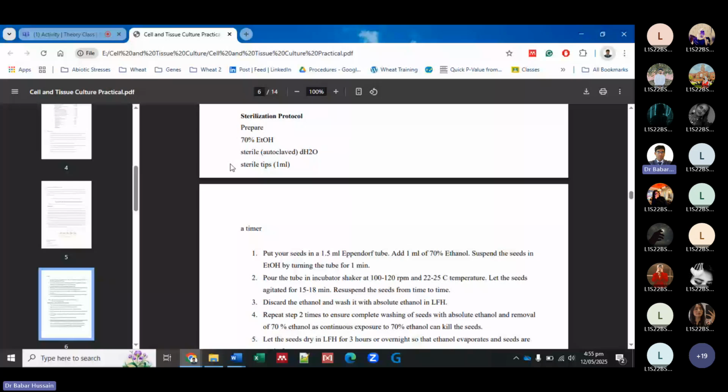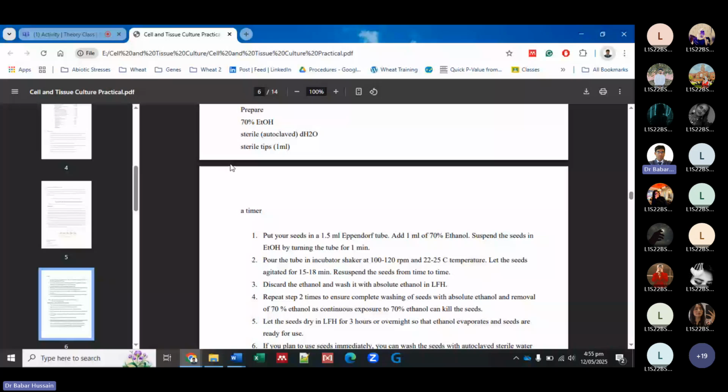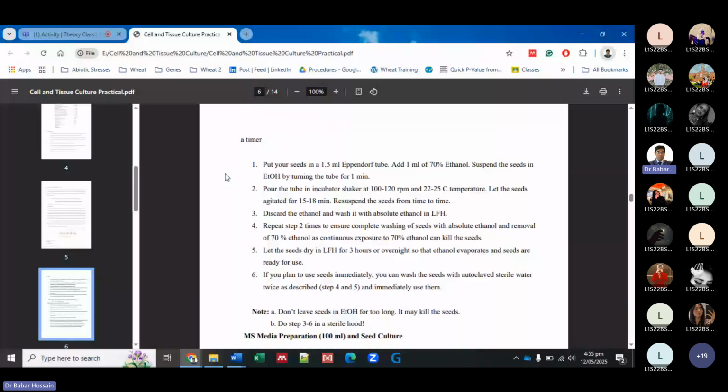So number one, we last time discussed how to make 70% ethanol. We will prepare 70% ethanol, and we will take a few seeds, maybe 50, 100, 200, 300, depending upon the size of your experiment, and you will dip them in 1 ml of ethanol, and you will turn the Eppendorf tube for 1 minute.